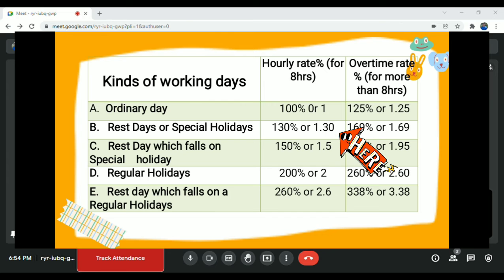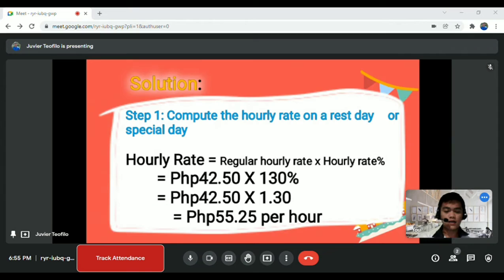Now, this is the numerical value that we are going to use to compute the overtime rate. So, 42.50 times 1.30 is equal to 55 pesos and 25 centavos per hour.